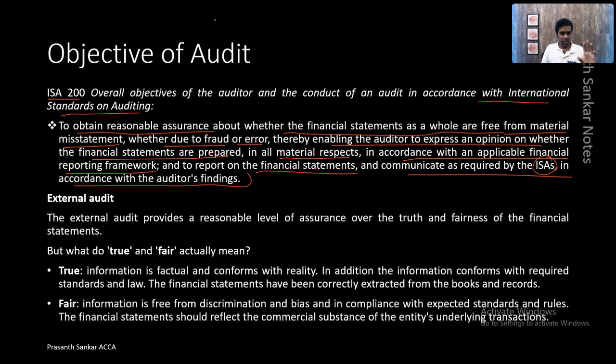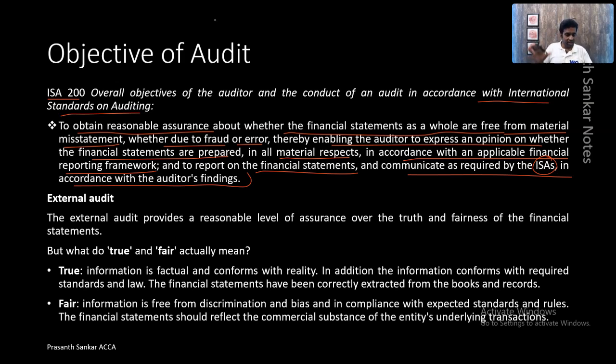So, in a very small nutshell, the objective of an auditor is to review the financial statements as per ISA and express an opinion to the user. That's what the objective of the auditor is.